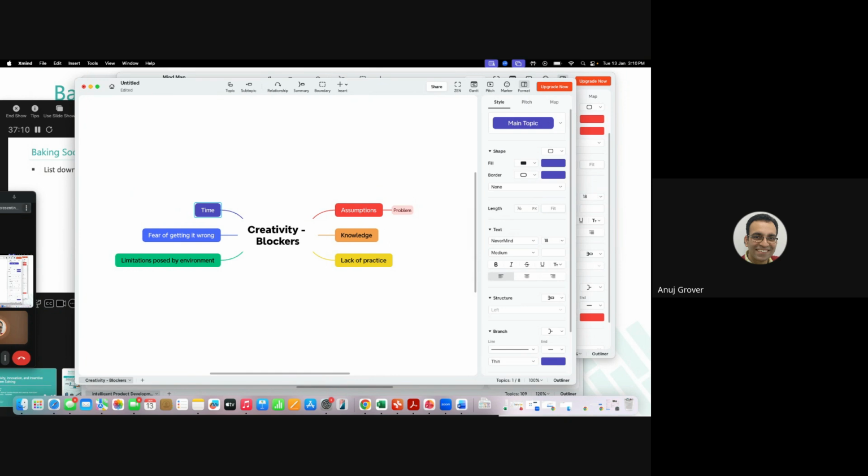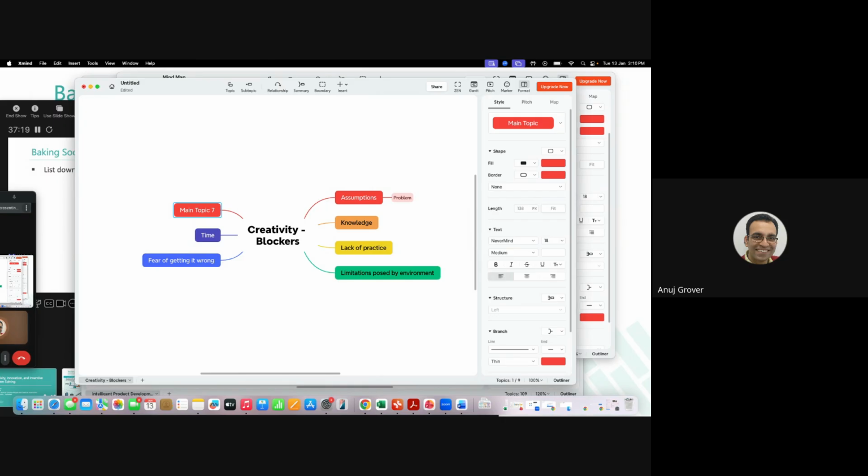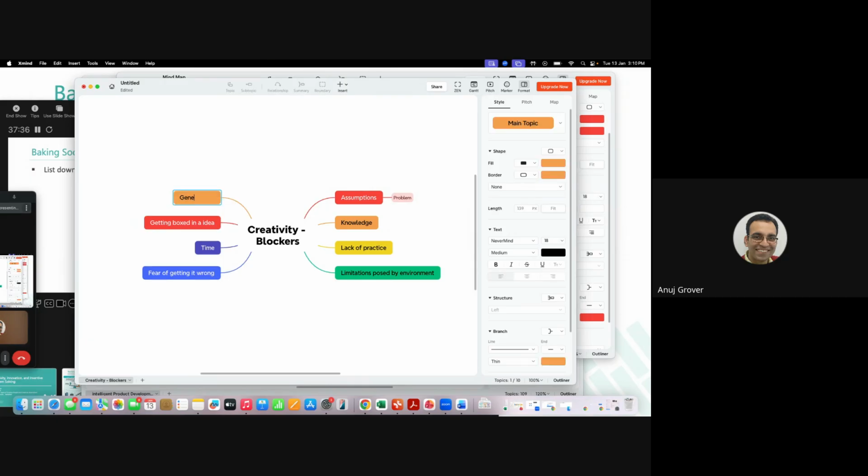So you got into a loop and first got fixated on one idea or 2 ideas. Okay. How do we put it? Generalizing something. Okay, what else?